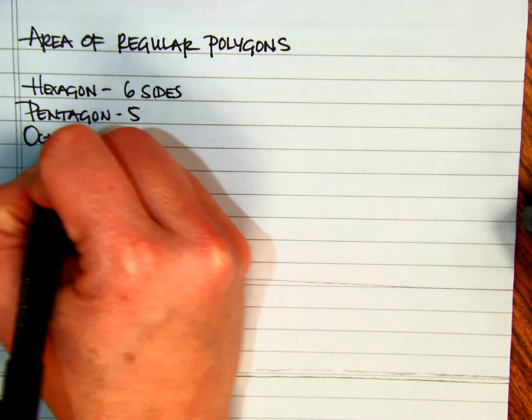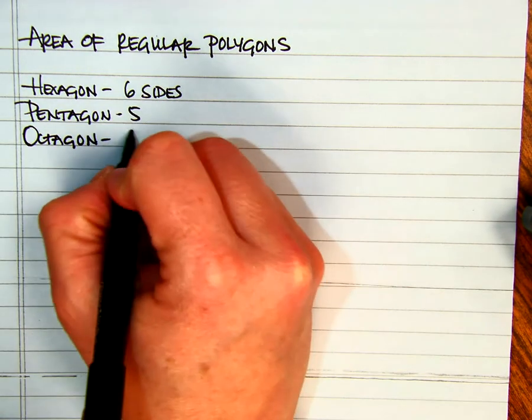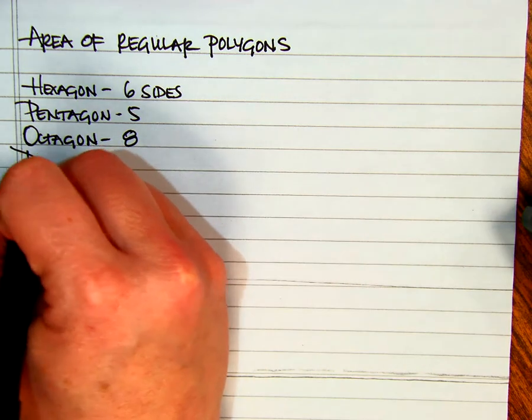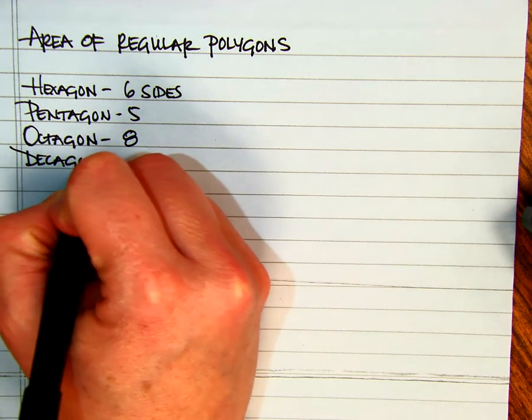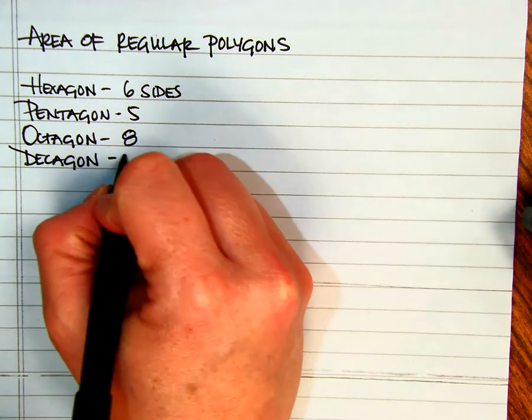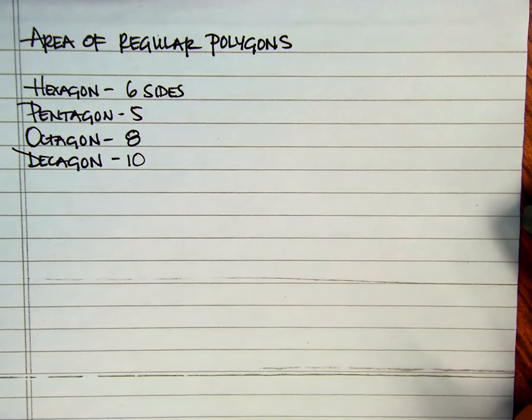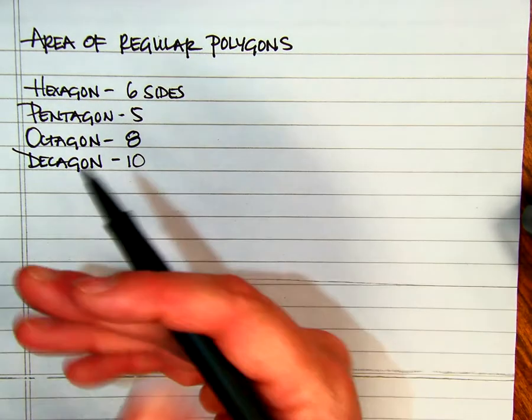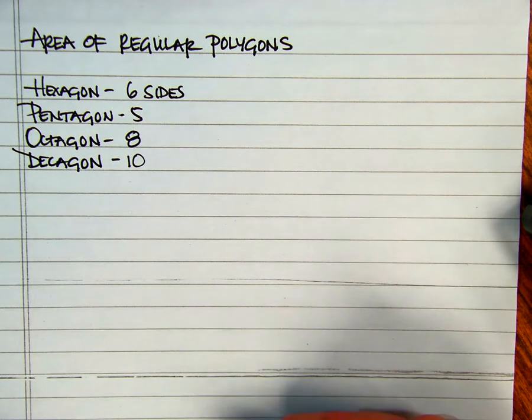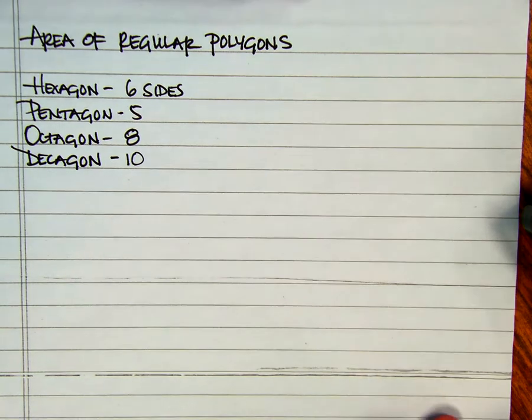Octagon has 8. Decagon has 10. Those are the most common ones. Anything 13 on up, we usually just call it a 13gon or a 14gon.